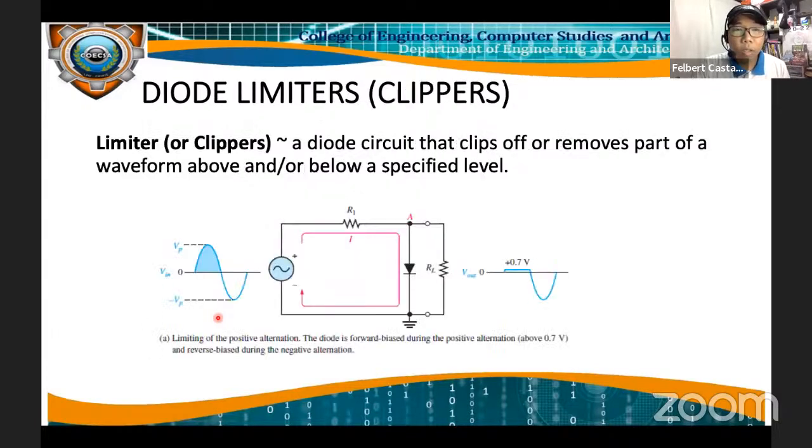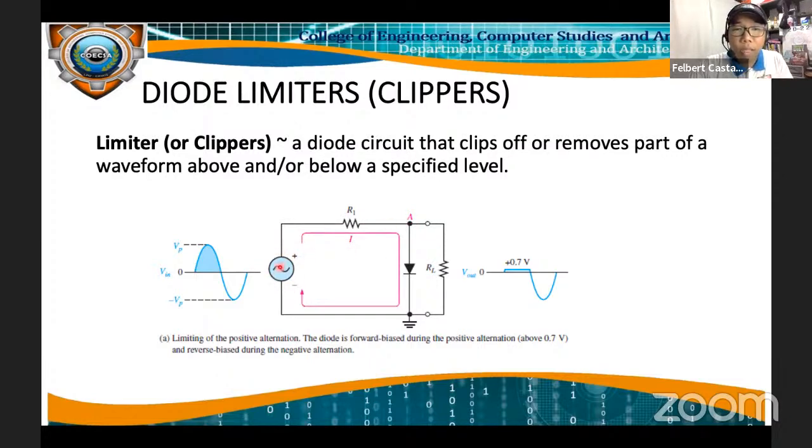Okay, so let's start. What is a limiter or clipper? A limiter or a clipper is a diode circuit that clips off or removes part of a waveform above and or below a specified level. Take a look at this example circuit. You have an AC input.